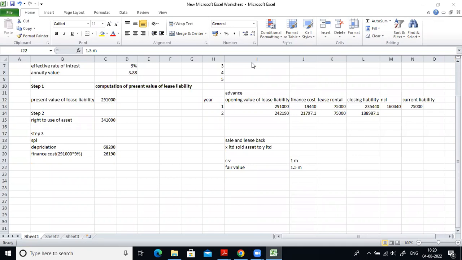Now my question is, on what basis will Neil fix the lease rentals? It will be fixed on 1.5 only, right? Because he purchased it for 1.5. If you want to give that particular asset to someone on lease basis, definitely he will be considering that 1.5 million only, the price at which he purchased. I believe you understood my point.